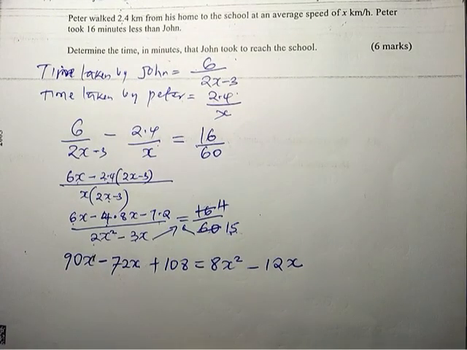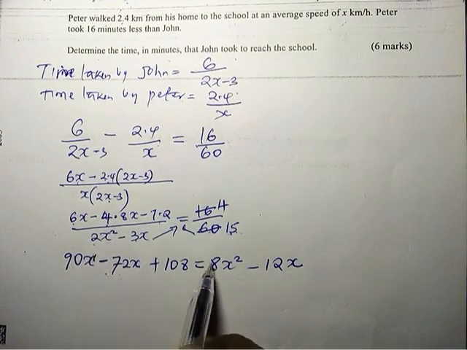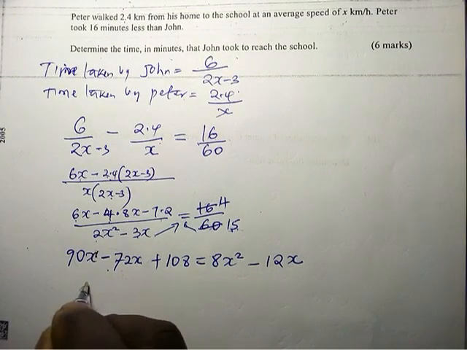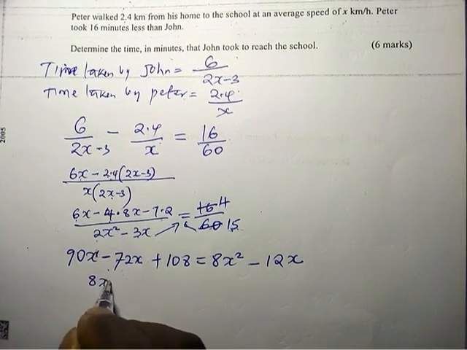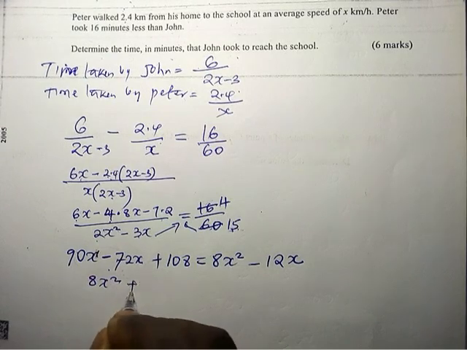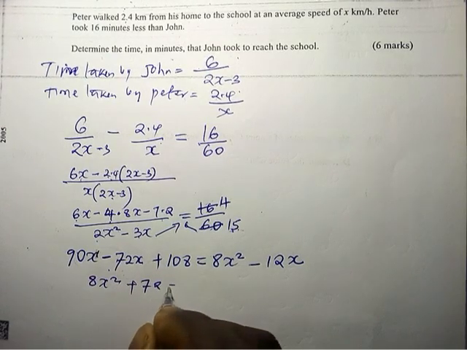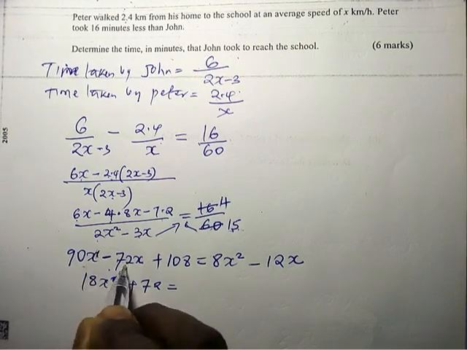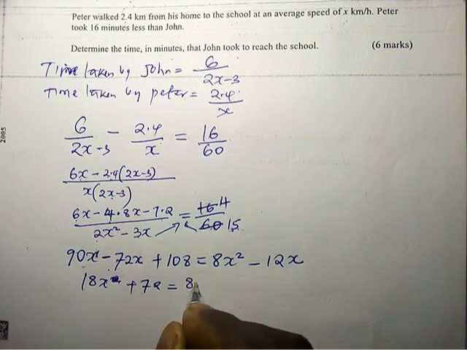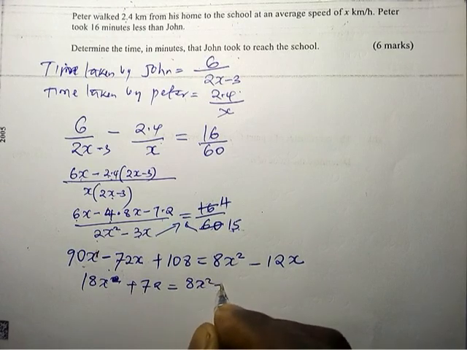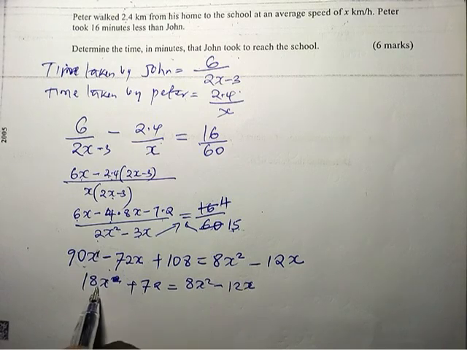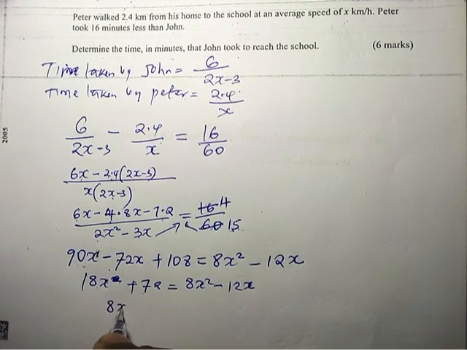After that, now we collect like terms together, we subtract this and bring this here. We are going to have 8x squared plus 72 equal to 18x plus 72 is going to be 8x squared minus 12x. Let us collect like terms together again. This one coming across, we are going to have 8x squared.